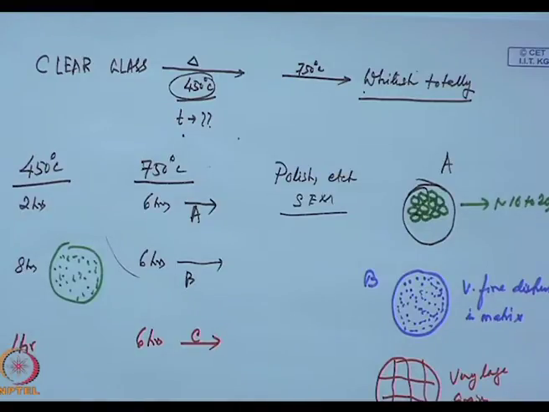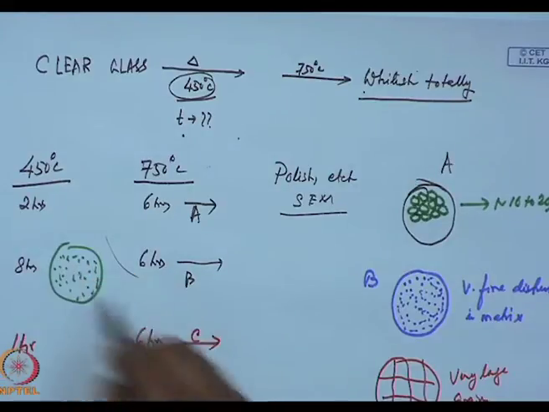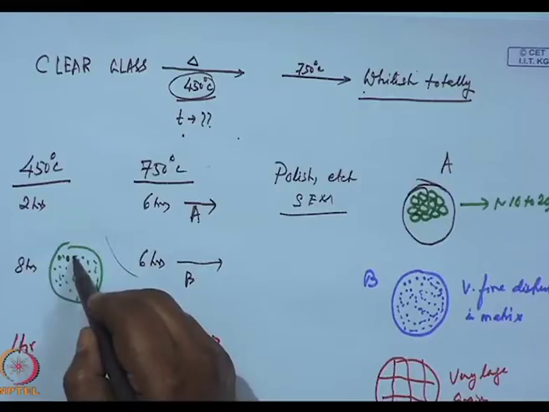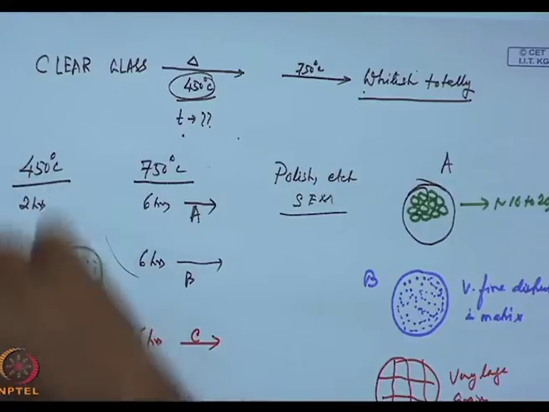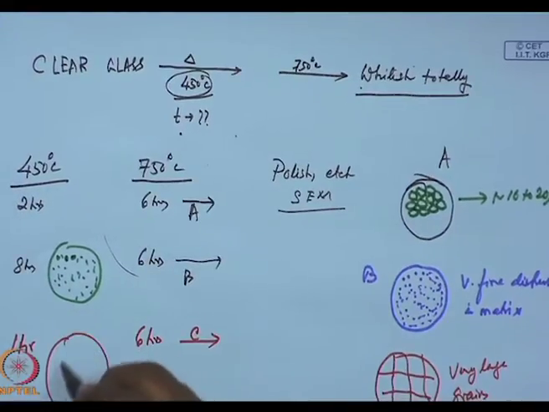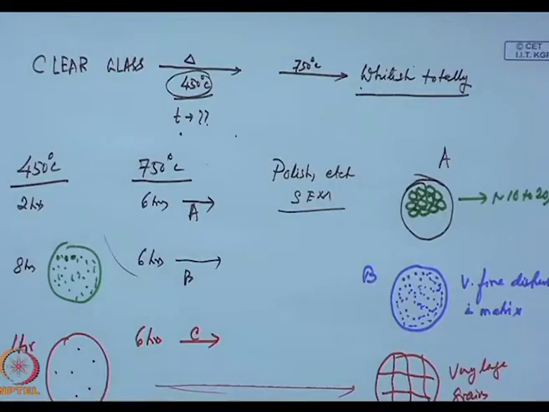And as a result, when I am subsequently processing at 750 degrees centigrade, these nuclei will grow only into slightly larger grains. Whereas at 1 hour, what would I get? Hardly a few nuclei. So, when I am processing it at 750 degrees centigrade, around these very few nuclei, crystals can grow in, and they can become very large.